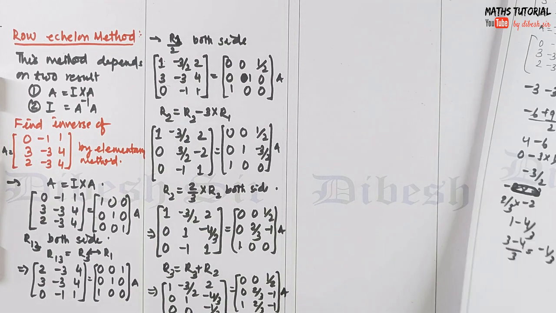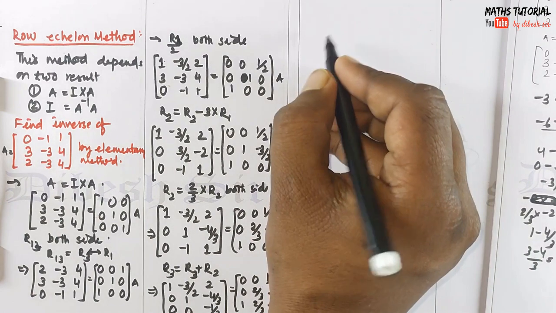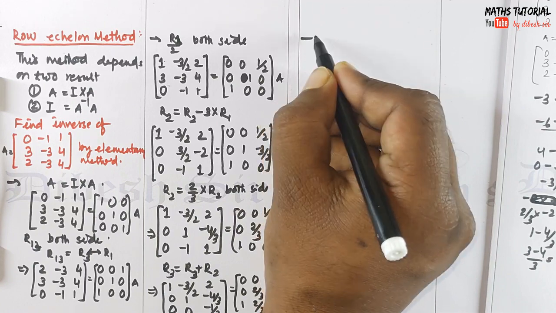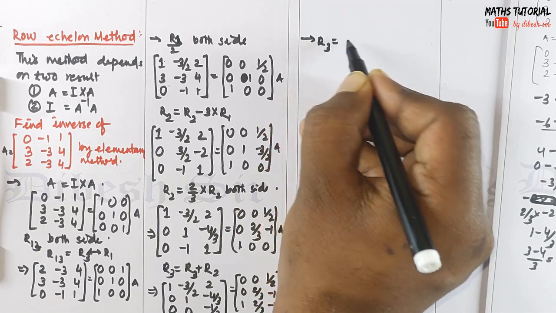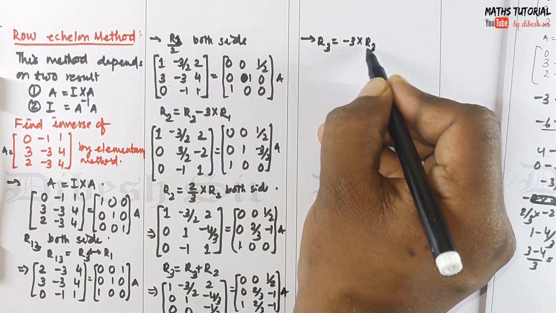Next, to make this as 1, we have to multiply minus 3. So R3 is equal to minus 3 into R3, both sides.